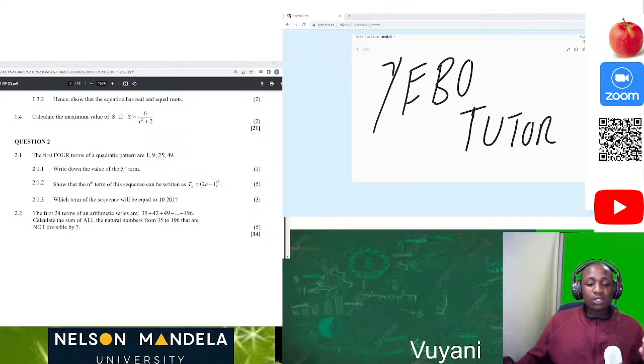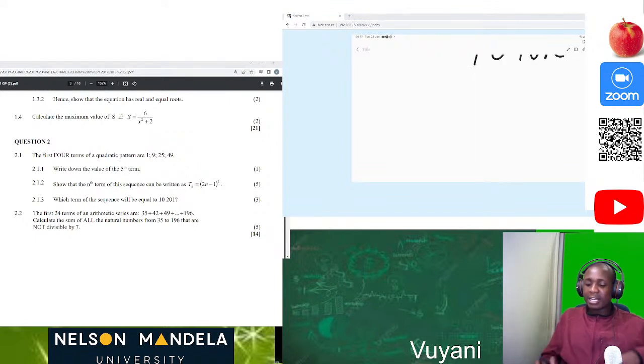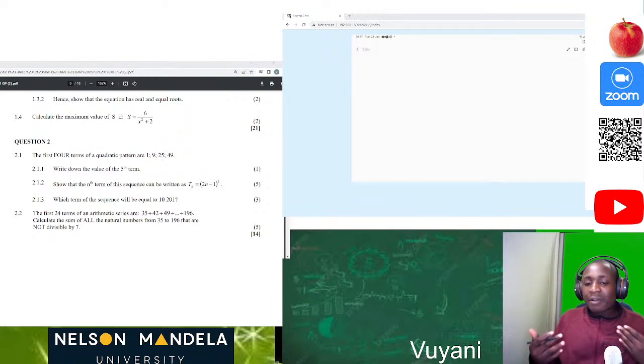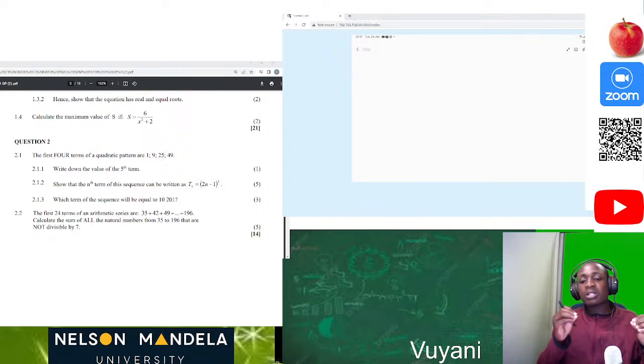On number patterns, what is crucial is for you to understand that we are dealing with sequences, which we have been learning from grade 10 and grade 11. But now in grade 12, it will be more advanced because they will introduce what we call series. So you must understand a few things.